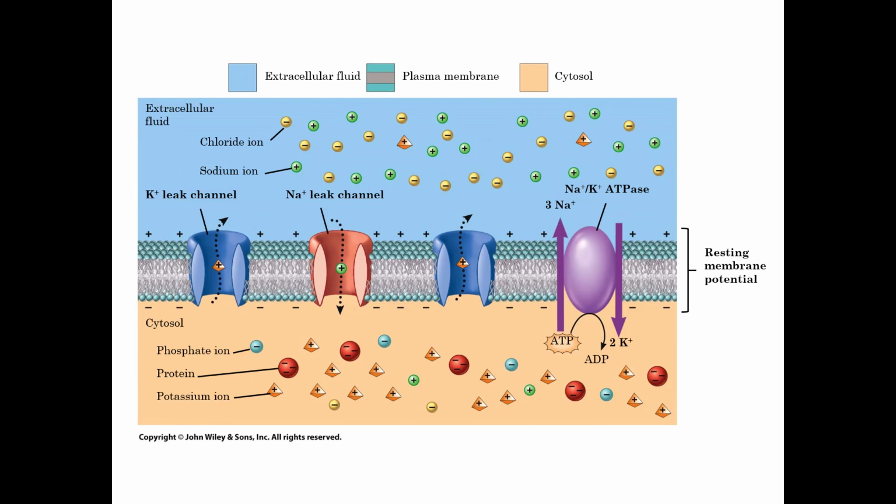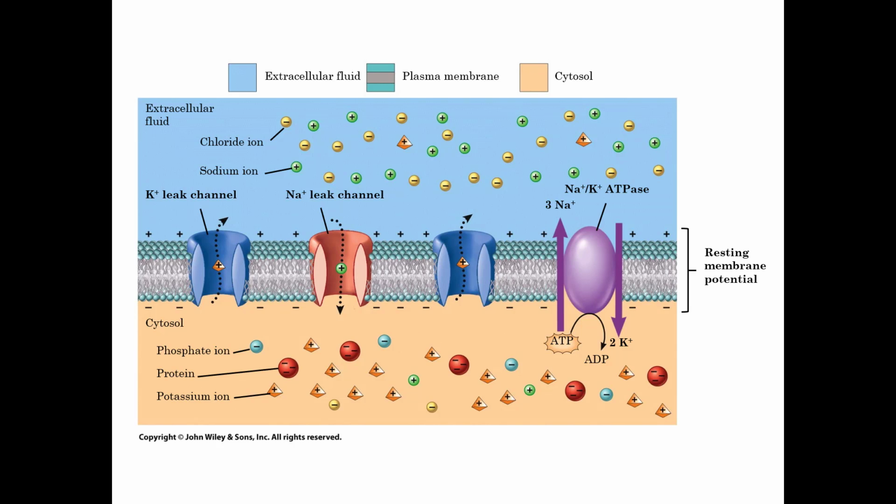Okay, so how do we get this slight negative charge inside and slight positive charge outside? 70 millivolts more negative on the inside than it is on the outside. Well, we do this by moving ions, and by having different concentrations of ions inside and outside of the cell membrane.